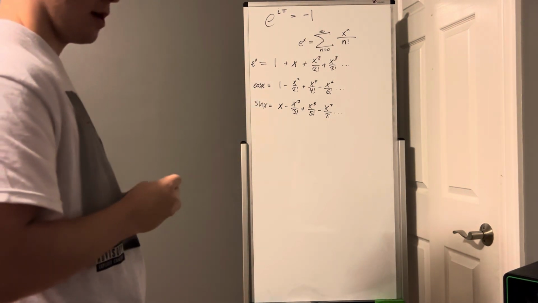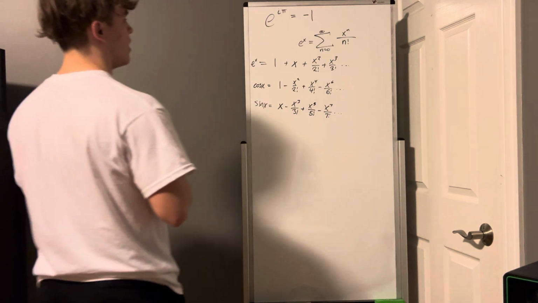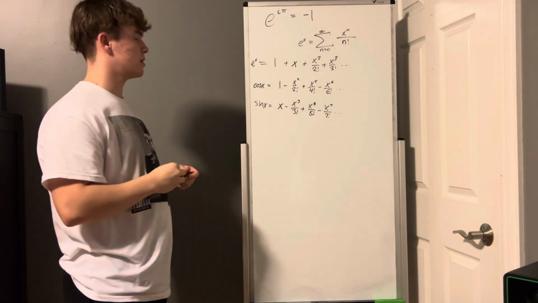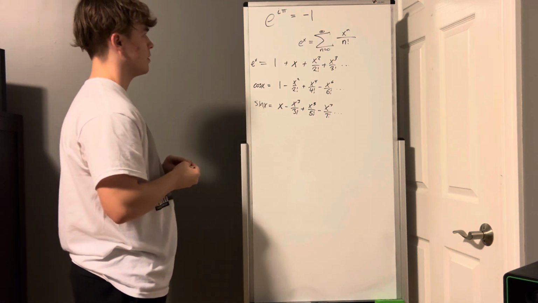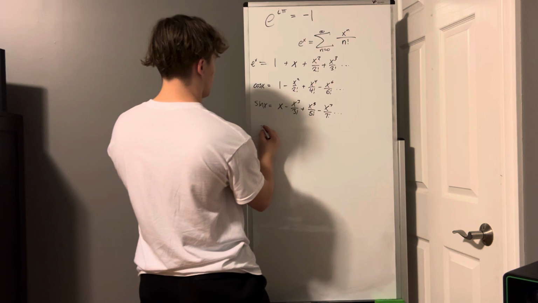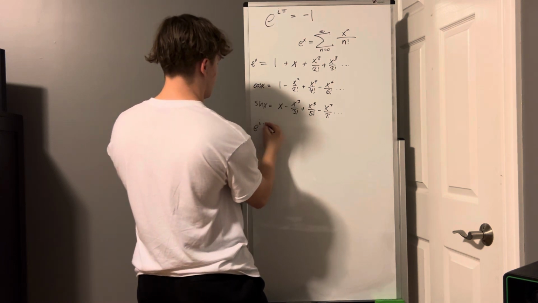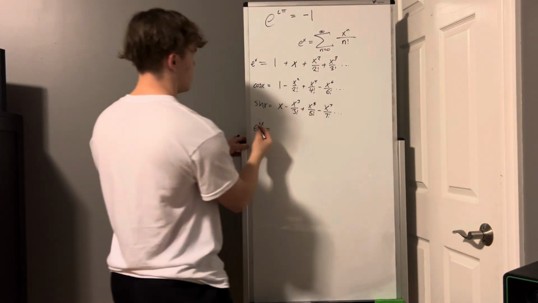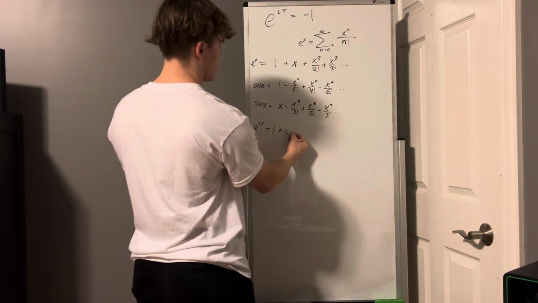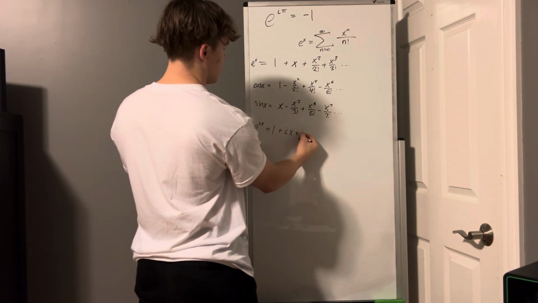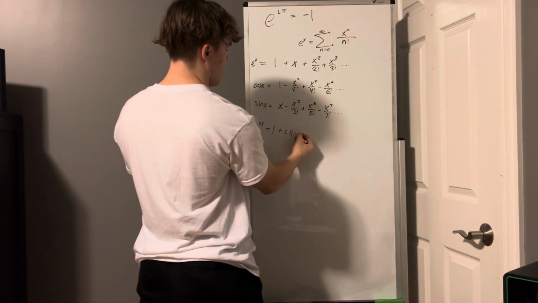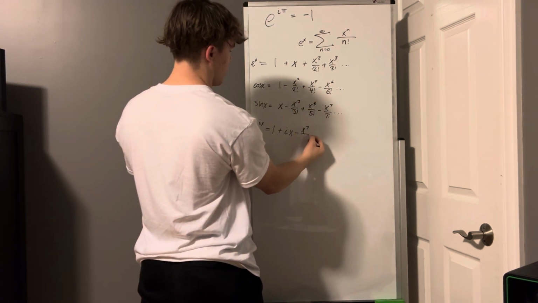Well, let's plug i into e to the x, so e to the i times x. What we're going to get is e to the ix equals 1. Wherever we see x, we plug in ix. We get ix plus i squared, which is negative 1, so this is minus x squared over 2.